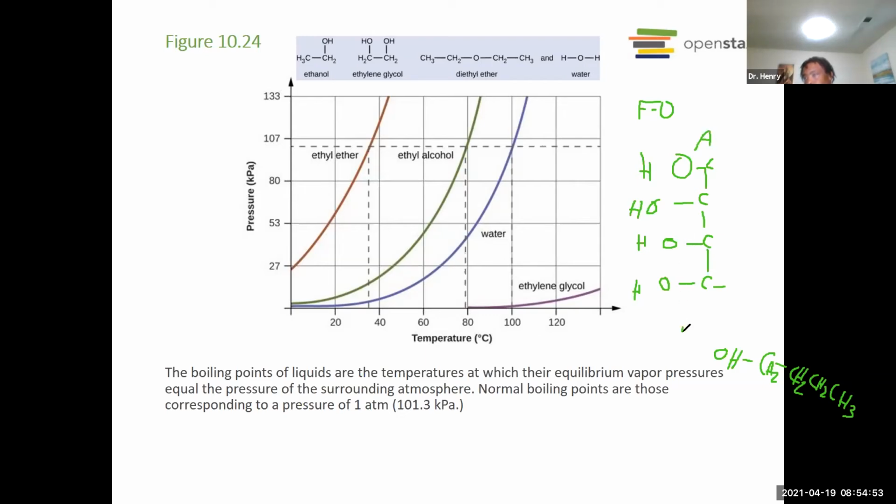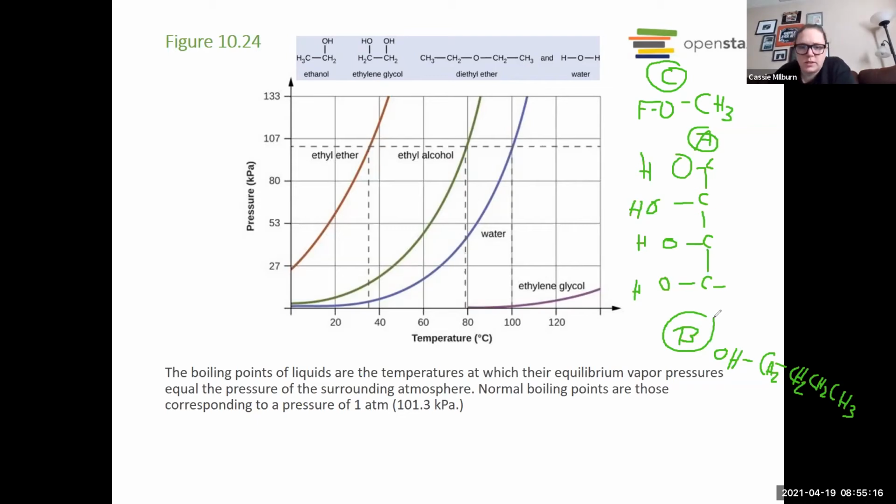A, B, let's do this, C. So A is going to be more, right? So which one is going to have the highest vapor pressure?